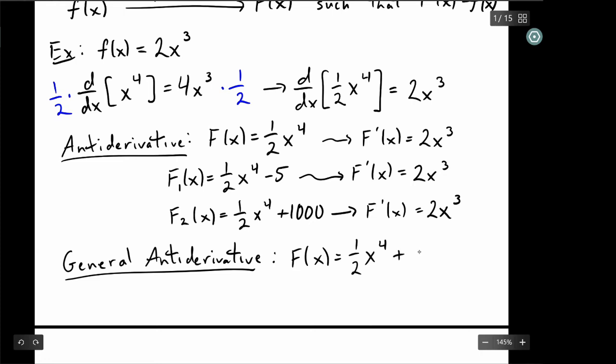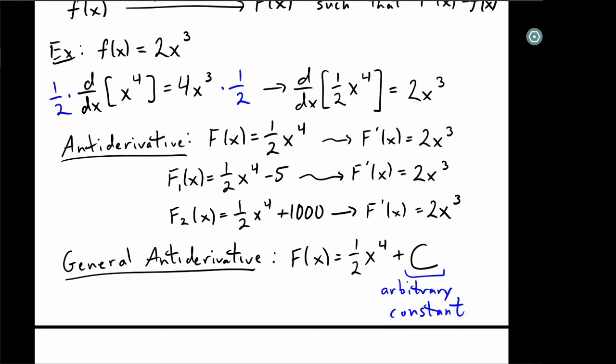The other part here, we're just going to say plus C. And this plus C is what we call an arbitrary constant. We can put any number we want there, and since we can put any number we want there, we're just going to call it C, because it doesn't matter.